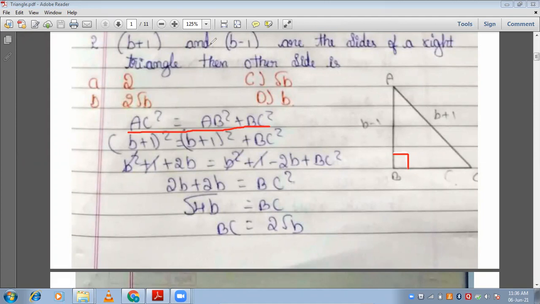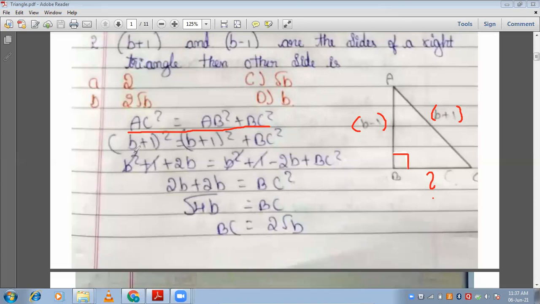Here they gave b plus 1 and b minus 1. b plus 1 is the hypotenuse side and b minus 1 is the other side. You need to find BC, which is the question mark. Now substitute all the values into the formula. AC is b plus 1 whole square, AB is b minus 1 whole square, plus BC square.